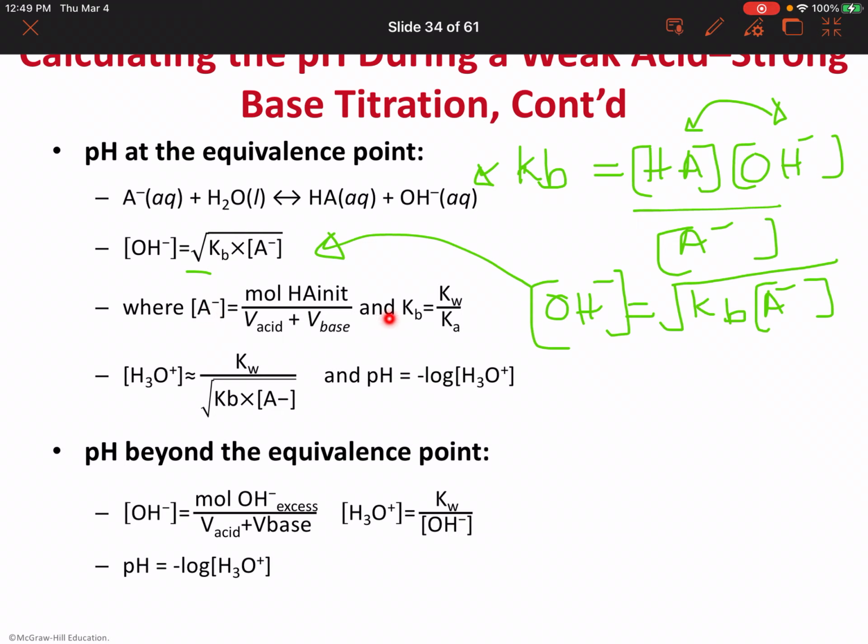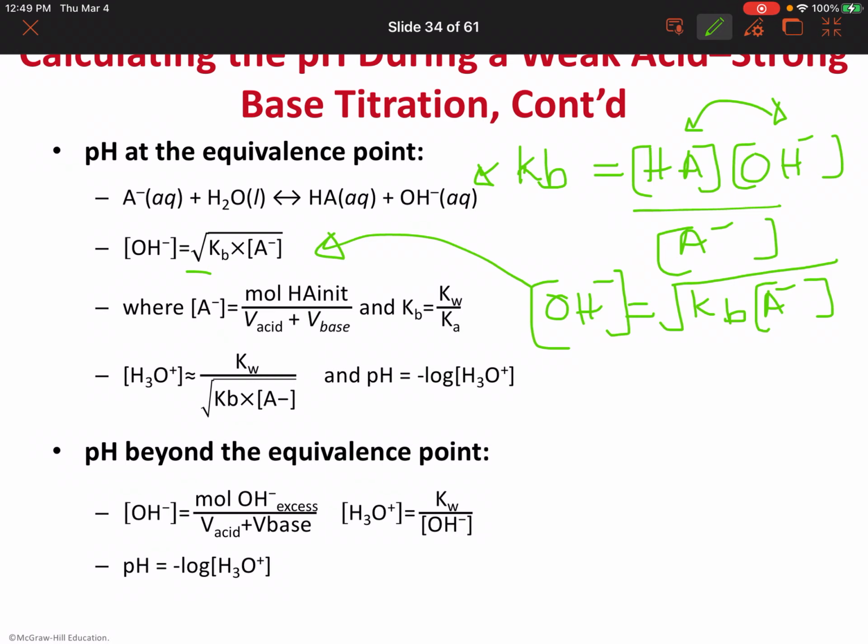Okay, and we also know the equation Ka times Kb equals Kw. So Kb would be Kw over Ka. We can rearrange it to give you this equation, so let me show you how we get it.